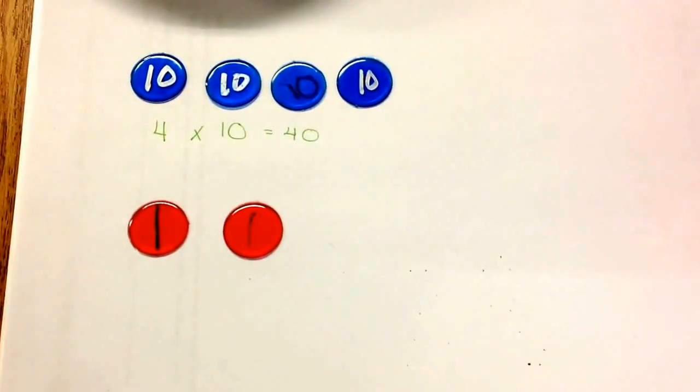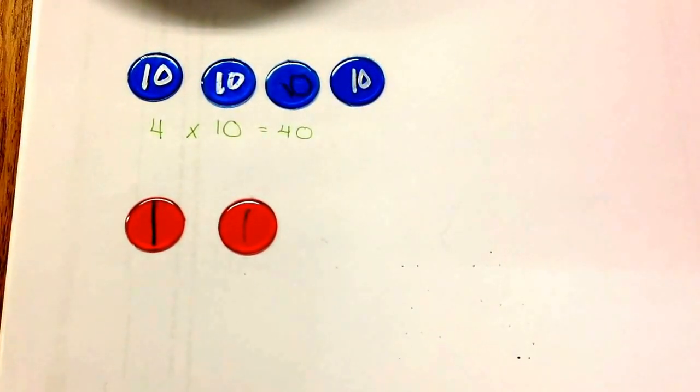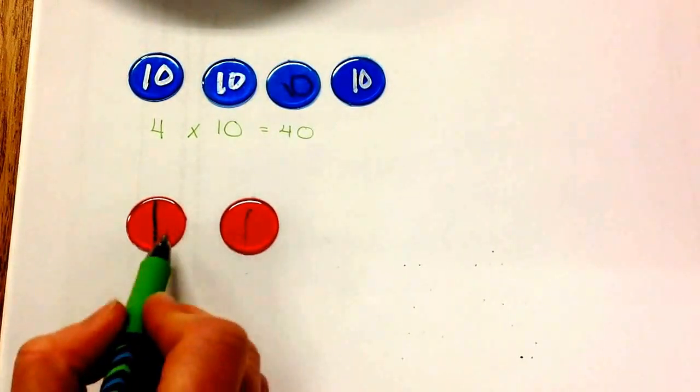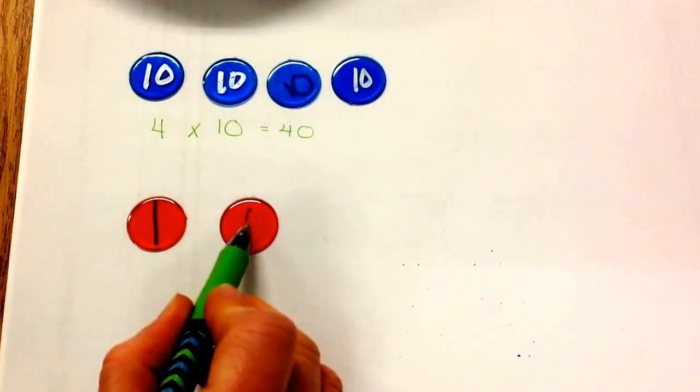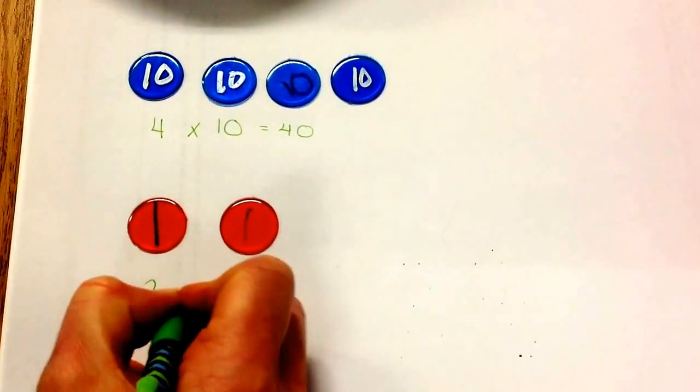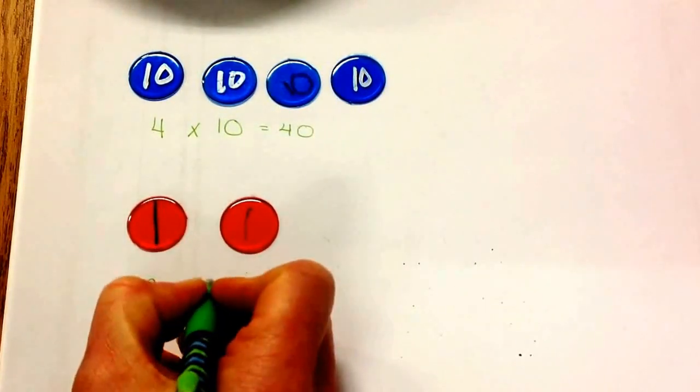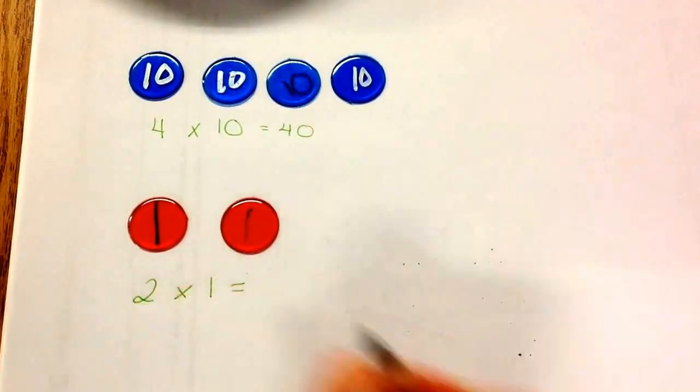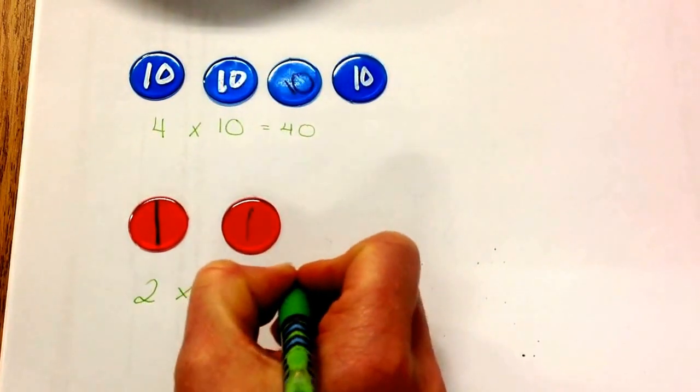What if I showed you this? What is the value of these 2 ones discs? Hopefully you said 2 because it's worth 2 ones. So if I want to write it as a multiplication sentence, how many groups do I have? 1, 2 groups. And what's in each group? 1. And we know that 2 times 1 equals 2.